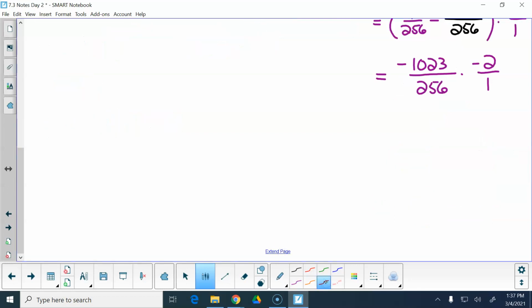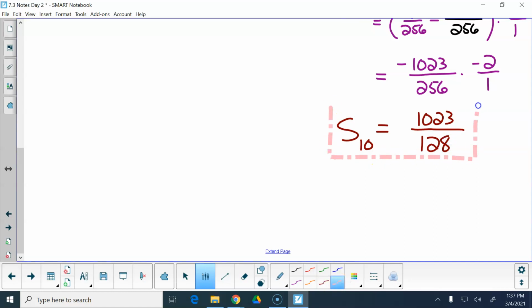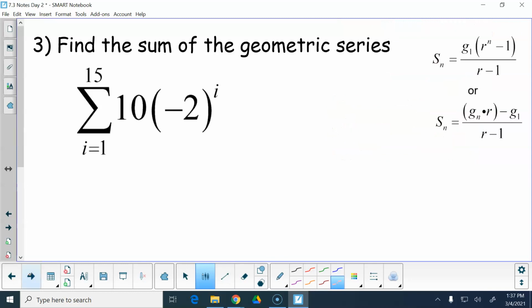And so the sum of my first 10 terms is equal to 1023 over 128. Yes? No? Maybe? Love it. Yeah? Try that one.